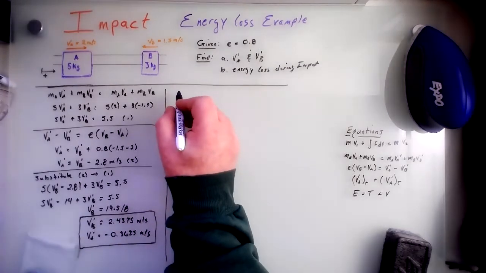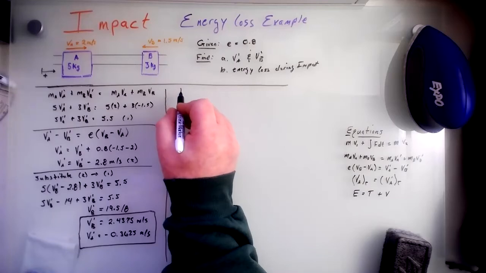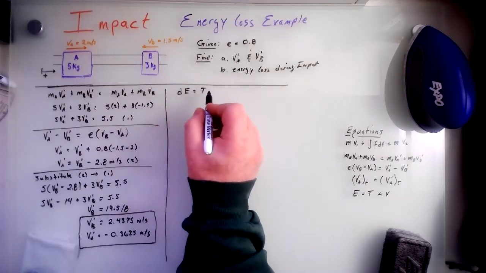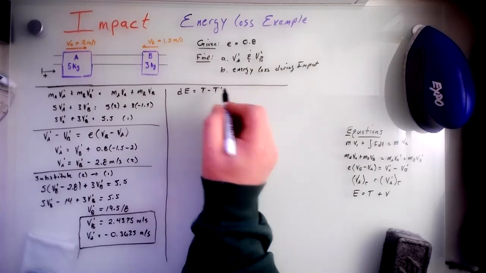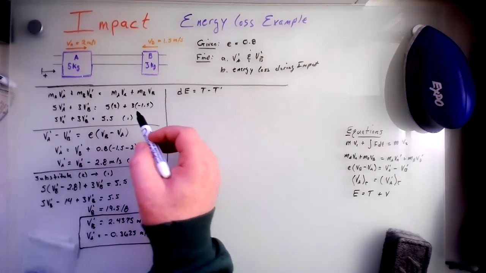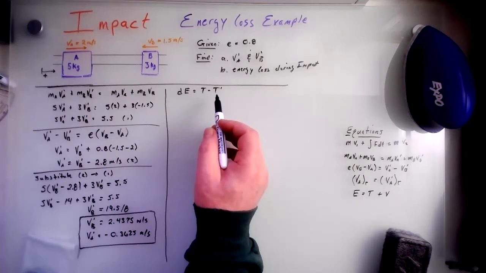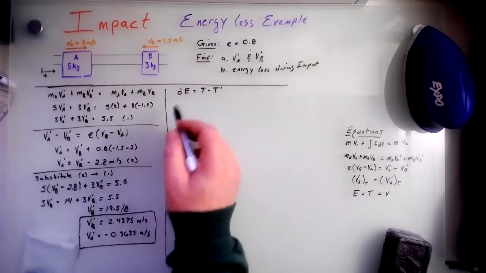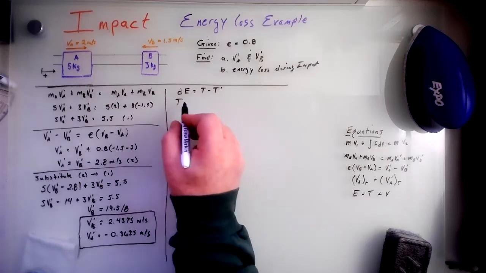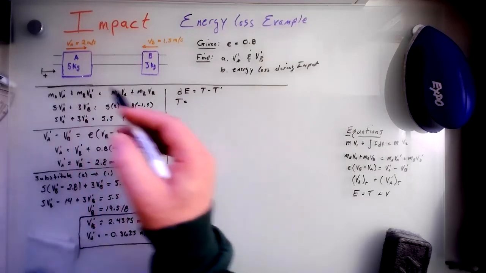So we can say the change in energy is going to be equal to T minus T prime, right? If T is the kinetic energy before impact and T prime is the kinetic energy after impact, then that should be the loss of energy. So let's calculate the kinetic energy before impact.